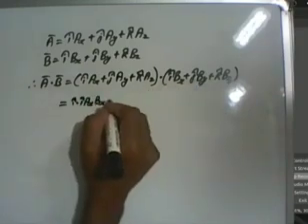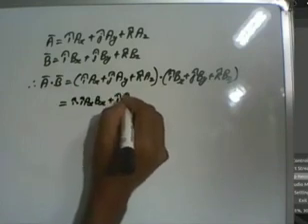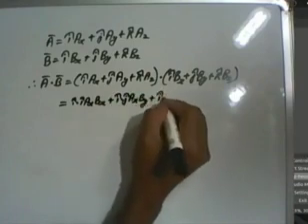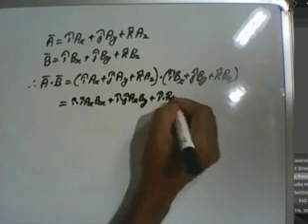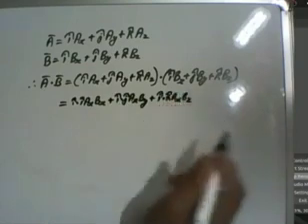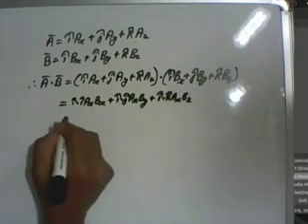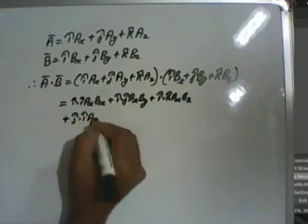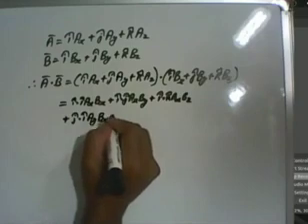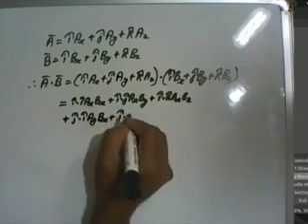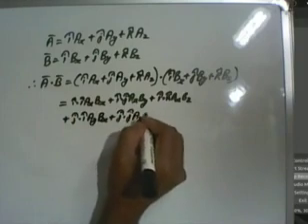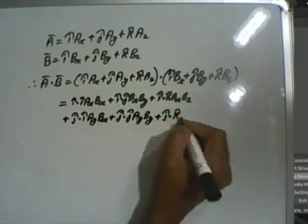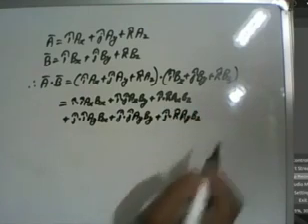Then I get a cross term, we call it a cross term, i dot j ax by plus i dot k ax bz, plus with the second term j dot i ay bx plus j dot j ay by plus j dot k ay bz.